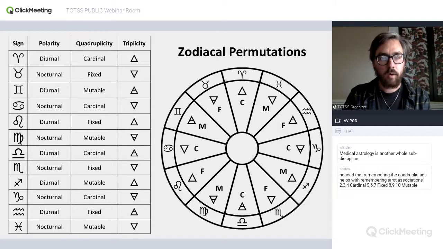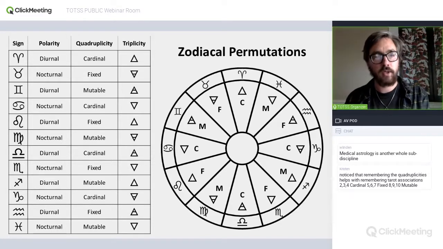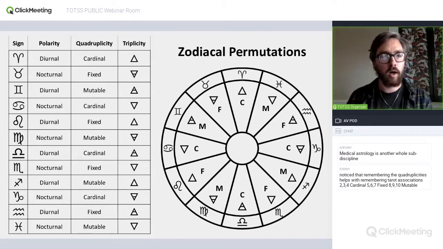All right. So now we can look at, from the point of view of each one of the signs, right? We now have the polarity, quadruplicity, and triplicity assigned to each of the signs. So you're seeing the same information, both as a table there, and then on the wheel of the zodiac. So we can see, polarity is just alternating diurnal, nocturnal, diurnal, nocturnal.